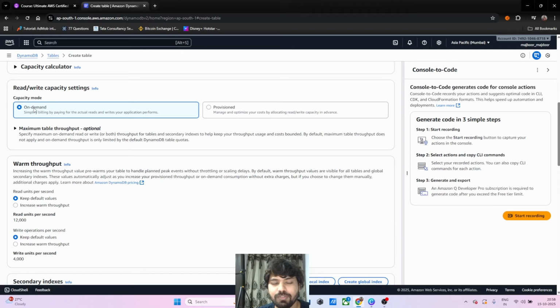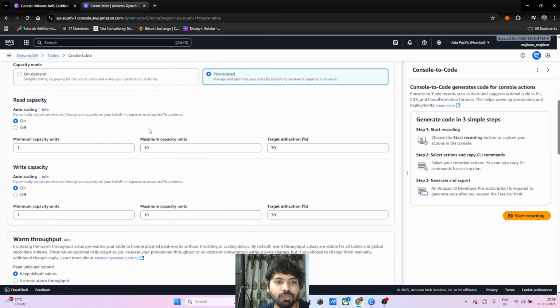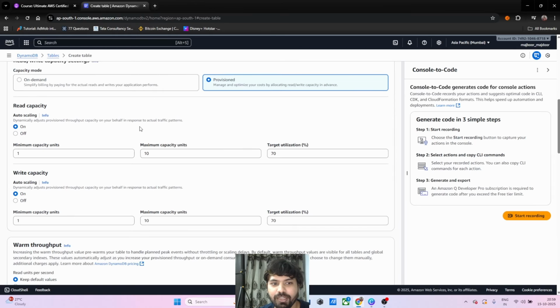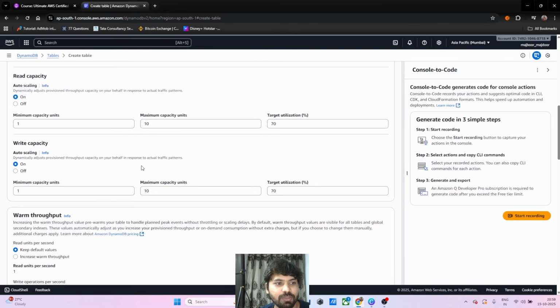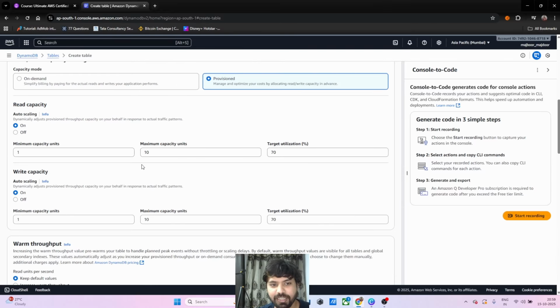One is on demand, which is pretty easy to understand: AWS will take care of assigning the read capacity unit and write capacity unit, but it will cost you more, actually a lot more. So you should go with provisioned mode if you know how much data you will be writing to or reading from your table. And there are options of auto scaling also.